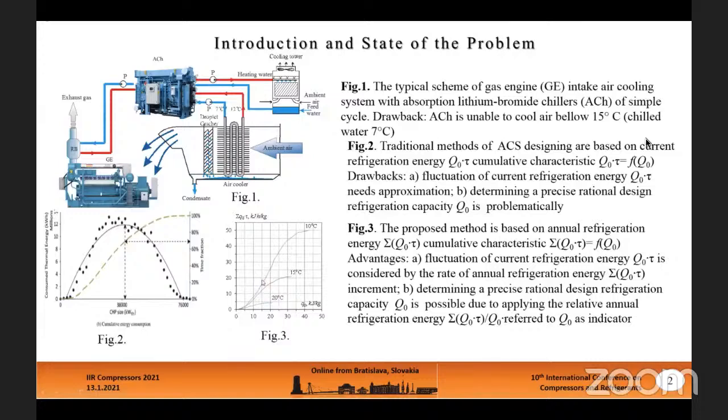The proposed method is based on the annual refrigeration energy cumulative characteristic. The advantage of this method is that the fluctuations of current refrigeration energy are considered by different rates of annual refrigeration energy production. This enables us to determine a precise value of design refrigeration capacity.